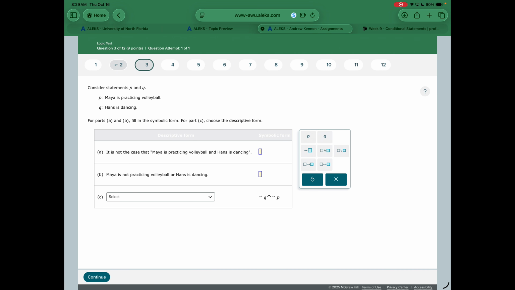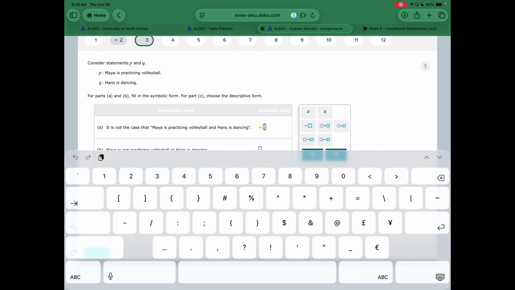All right, just another symbols one. It is not the case that Maya is practicing volleyball, which is P, and Hans is dancing. Since that is in quotations, I'm going to do parentheses: not, and then the and in those. The quotation tells you to use parentheses.